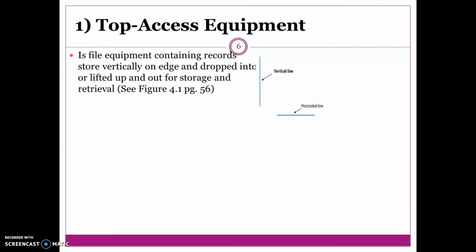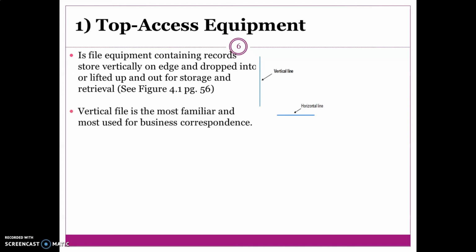Vertically maksudnya you simpan record dalam keadaan menegak, berdiri. Alright, and on the edge and dropped into or lifted up and out for storage and retrieval. So you are going to access that particular record on the top.